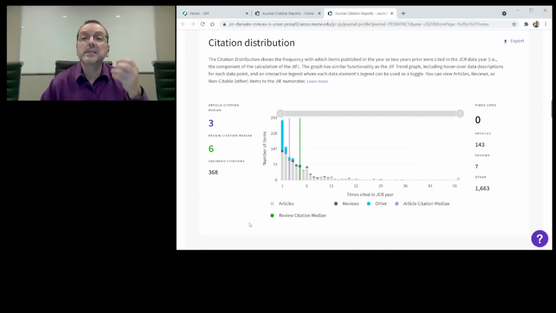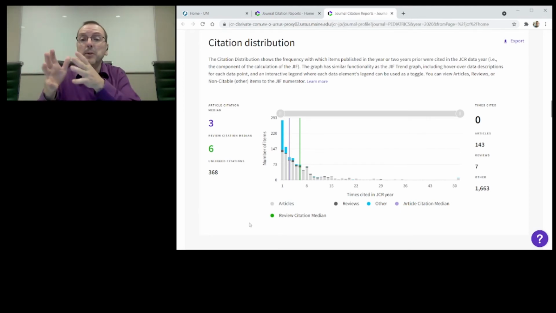We then come to the citation distribution. This shows us the distribution of how many citations there are for all of the articles that went into the calculation of our journal impact factor. It does so based on a little bit of information on the type of article.